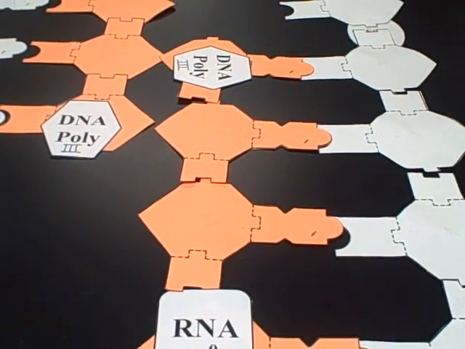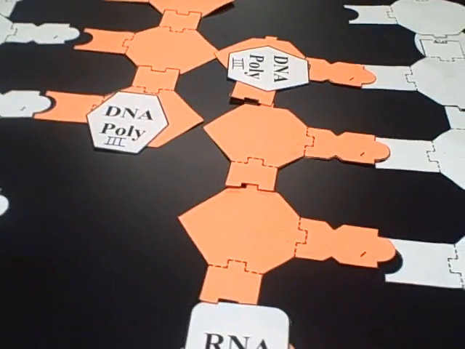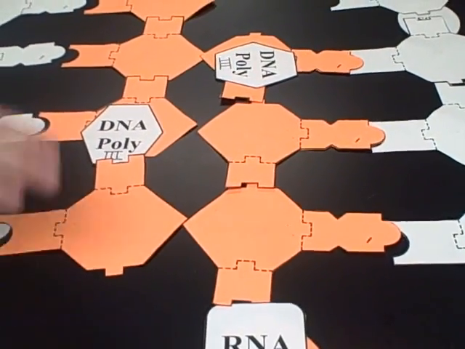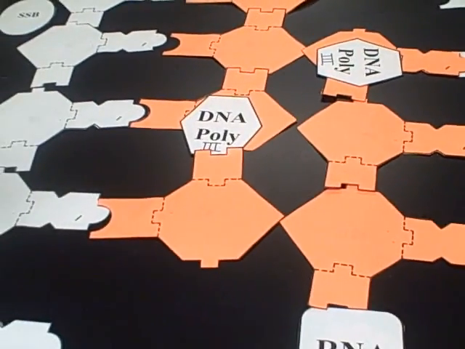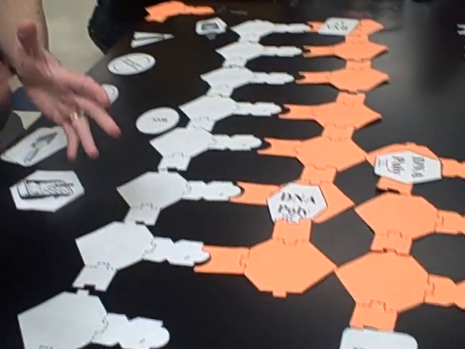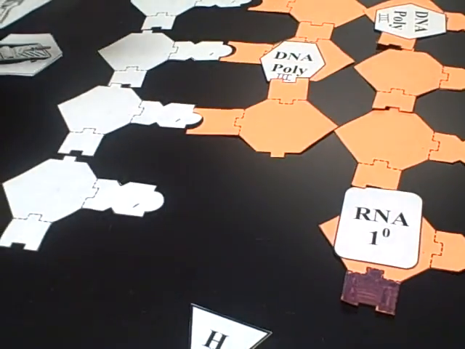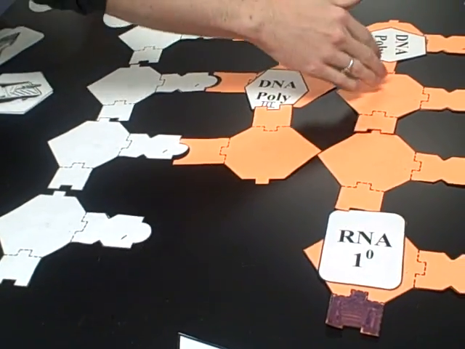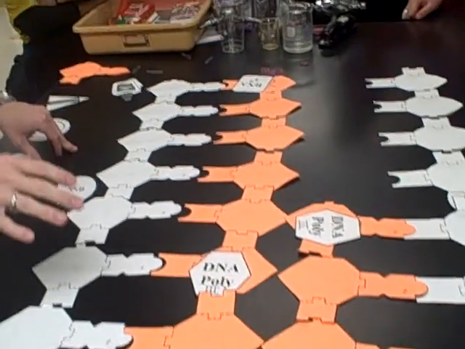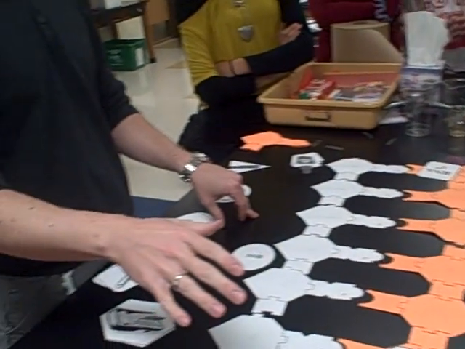Okay? I want you guys to imagine, though, that you're watching this helicase. From your perspective, it's going towards the camera, right? We're going towards Z. So the bubble's opening and expanding that direction. Which of these two sides is going to continue to synthesize new DNA right behind the unzipping process?